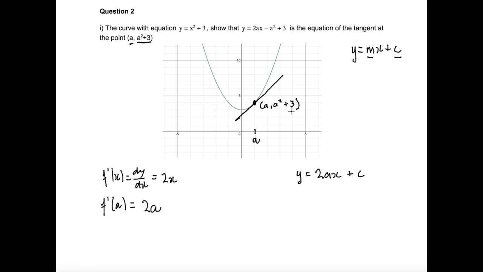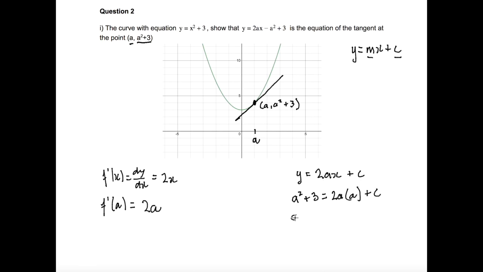Then we know that this point is not only on the green line, on the original function, it's also on the tangent line, because that's the definition of a tangent. It touches it at just one point without crossing it. So we can substitute in the y value and the x value and solve for our c value. When our y value is equal to a squared plus 3, our x value is equal to a.